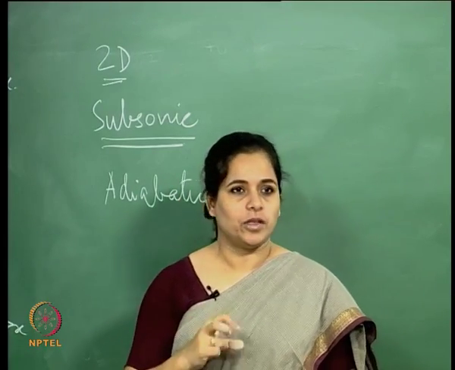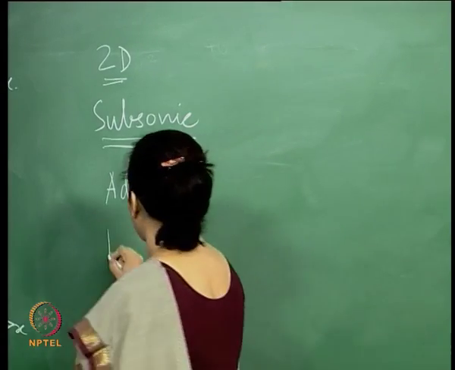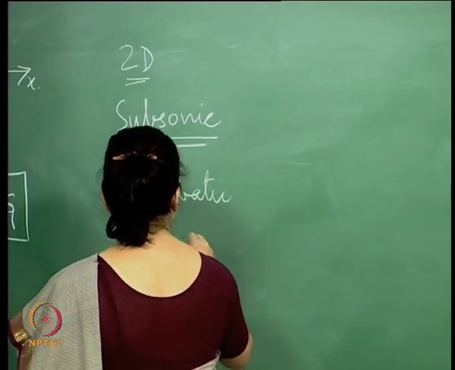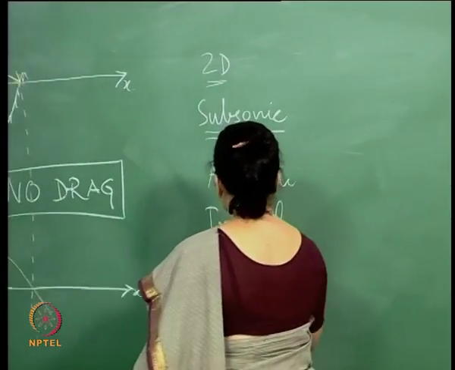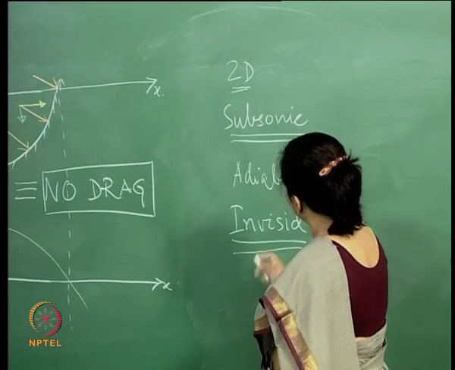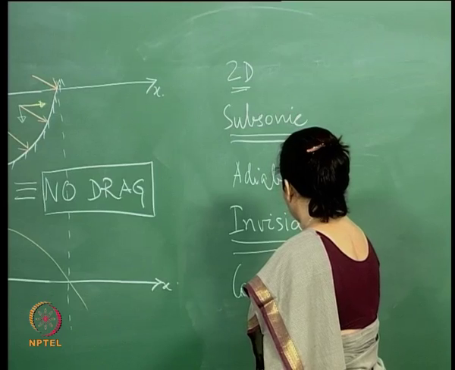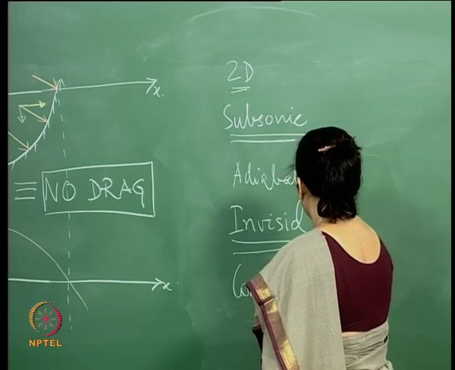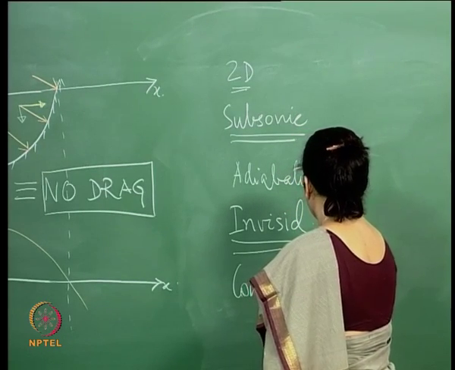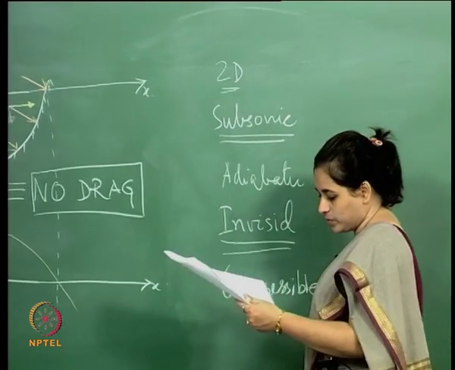We have used a velocity potential, right. But this was compressible flow. Okay.